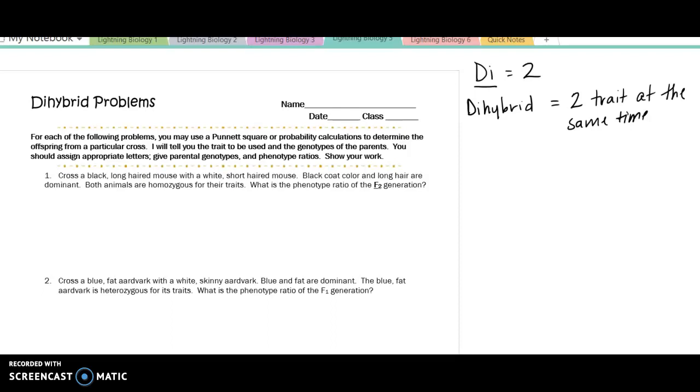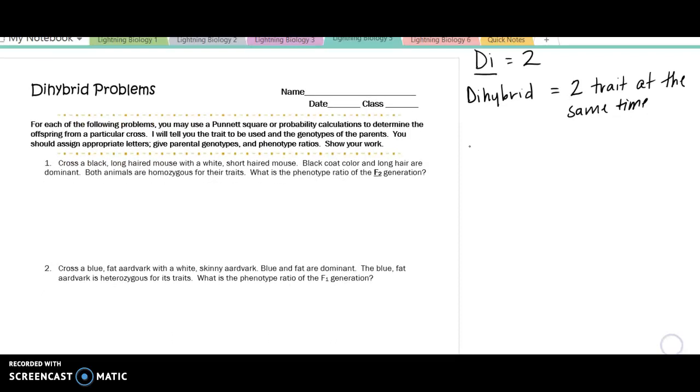For example, in the first one, we'll just jump right in. We're going to cross a black long-haired mouse with a white short-haired mouse. And so when we're doing this, I add on to my key a little bit. I obviously am always going to start with my key. And then I'm going to look at my trait 1 and my trait 2, because I'm looking at two separate traits here.